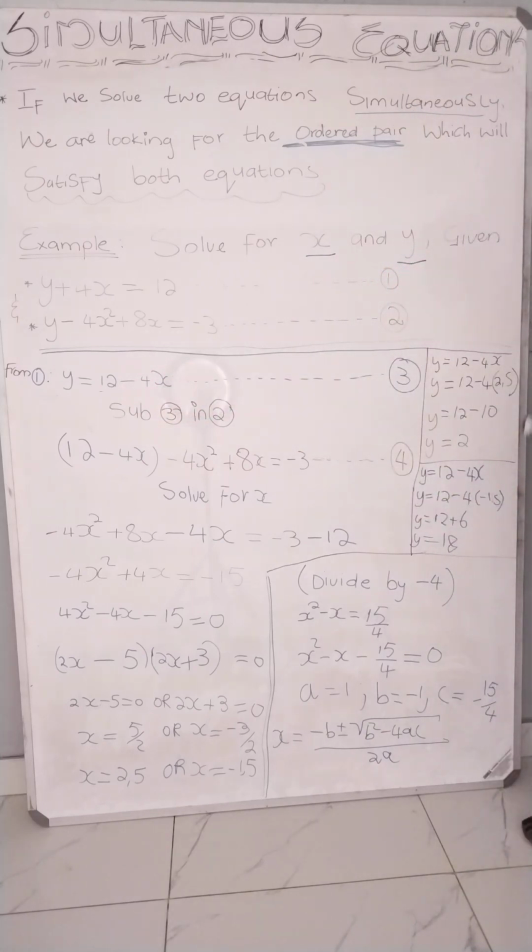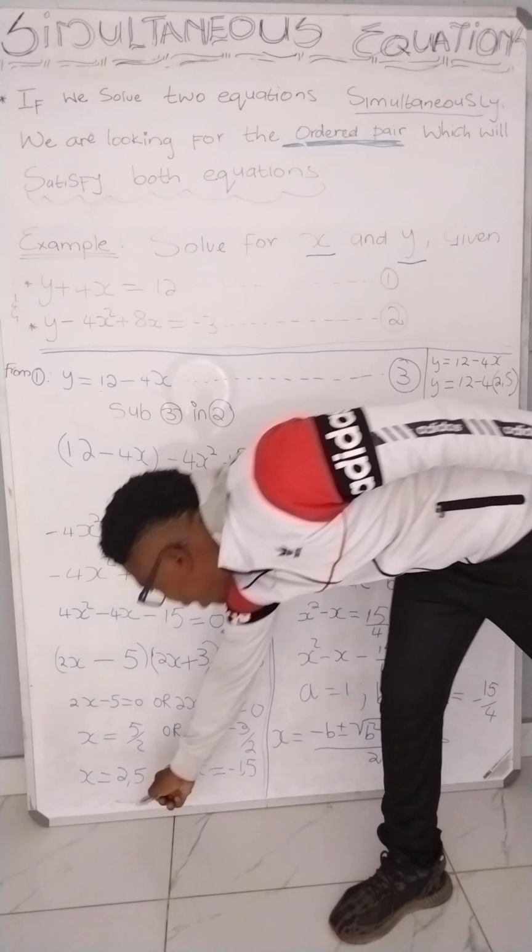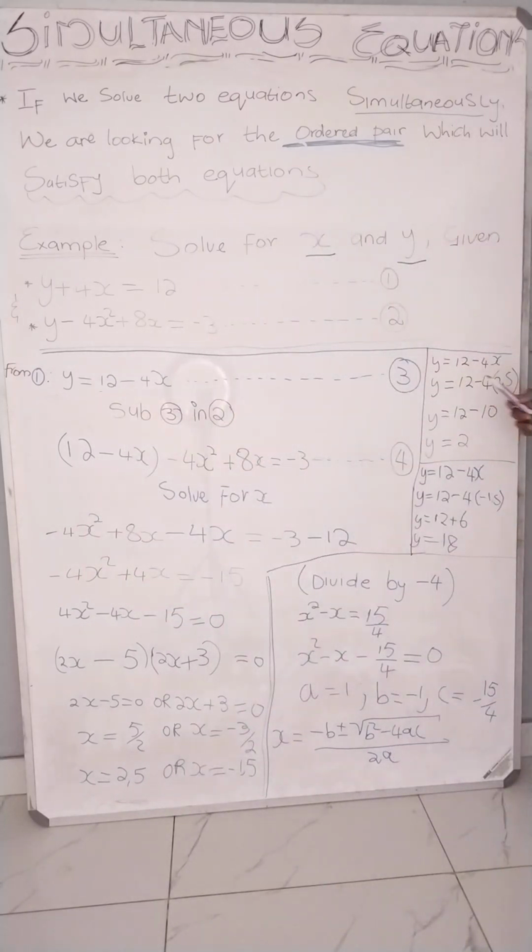Since we are looking for the value of y, here it is, y is equal to 12 minus 4x. And then we're going to say, when x is 2.5, what is y? So instead of x, we're going to put 2.5 here, and then minus 4 times 2.5 is minus 10. And then y is equal to 12 minus 10, you get 2.